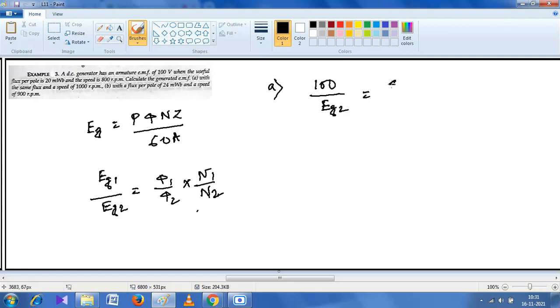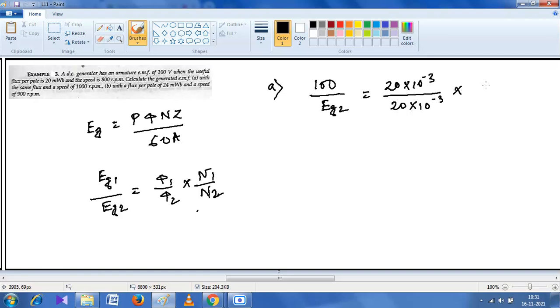In the first case, what is the value of phi 1? 20 milliweber. And phi 2 is also the same. In the first case, the value of phi is same as previous.